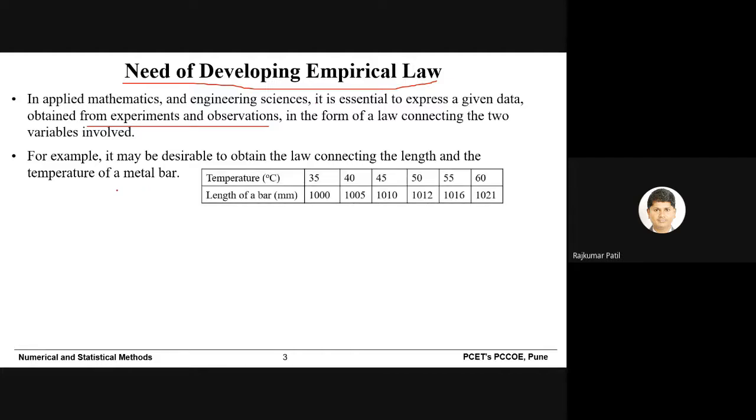You may be interested in developing the relationship between temperature and its effect on the length of a bar. For example, take a factory or an industry where the structural columns are made of steel. One of the components could be a metallic bar.